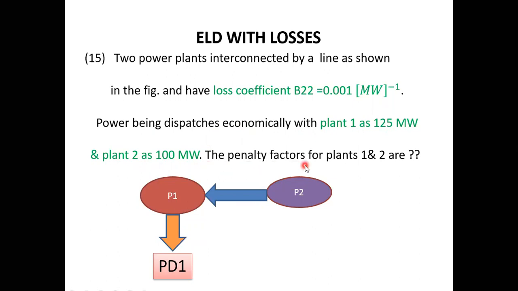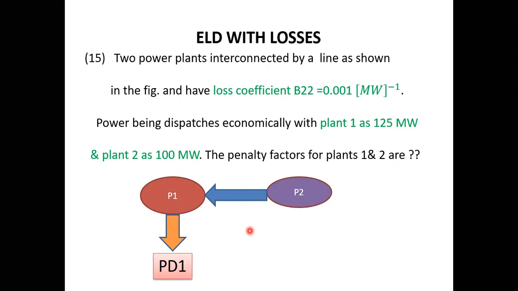And we need to find out penalty factors for plant 1 and plant 2. So here, when we are considering these two types of problems, we are considering a load which is near to either power plant 1 or power plant 2. So in this case, automatically one of the power plants' penalty factor should become 1 because there is no transmission line.